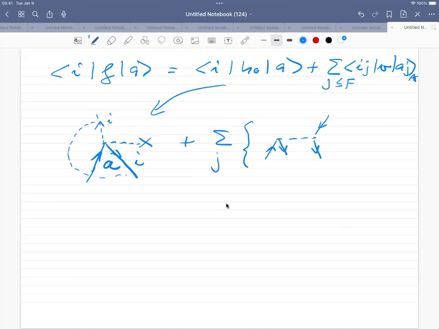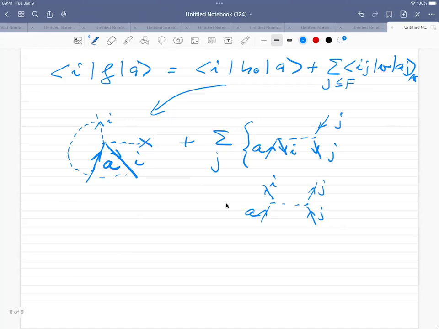So we are putting labels here, so this will be A, and this is I, this is J, and this is J. If you think of this in the particle formalism, which we started with, this will be an I, this will be an A, and then I would have a J pointing up and a J pointing up, if we use the true vacuum as reference state. But we are going to use this particle-hole formalism for the rest of the semester.